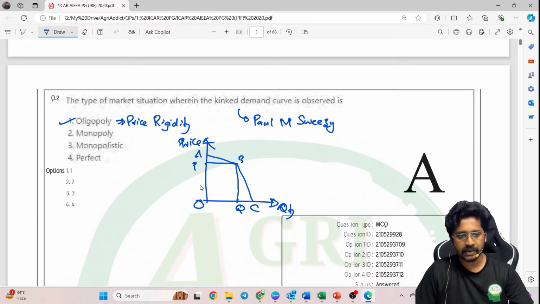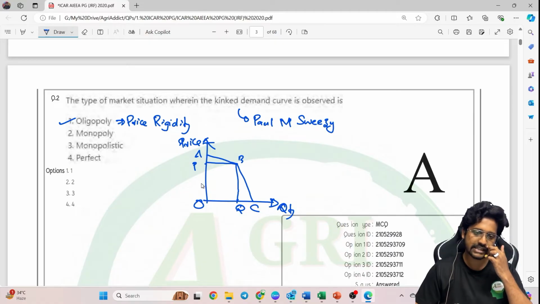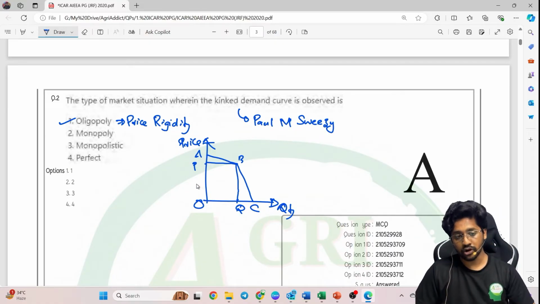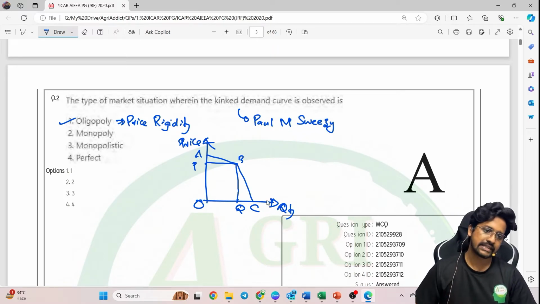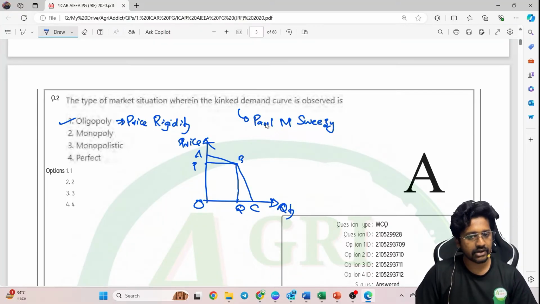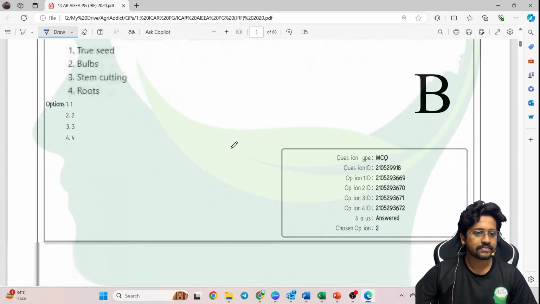We have already explained that if a firm increases the price, none of the firms will be following that, but at the same time if the firm decreases the price, all the firms will be following that. That is known as the price rigidity. So therefore the type of market situation wherein the kinked demand curve is observed is oligopoly. Next question.